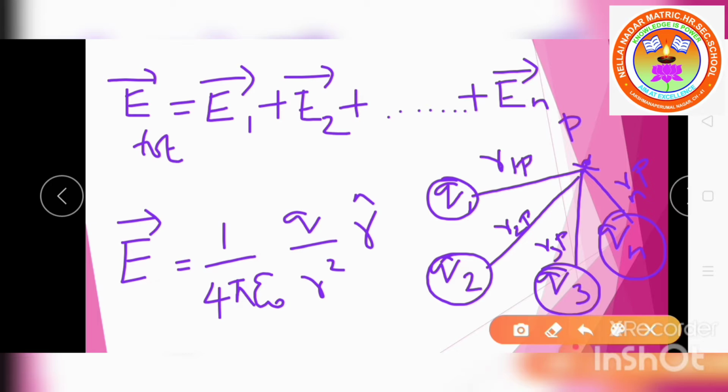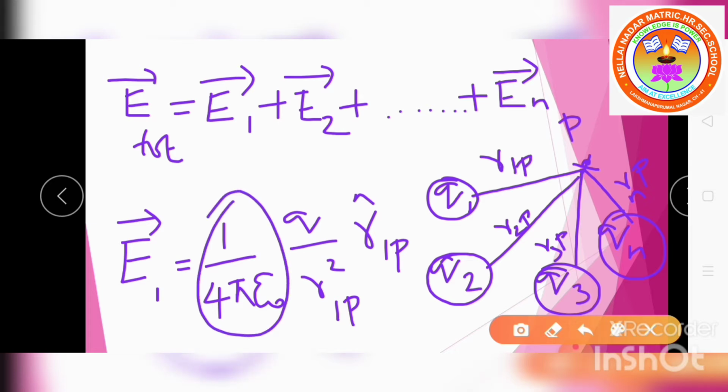For the first charge, E1 vector is equal to 1 by 4 pi epsilon naught Q1 by R1P square, and in the cap also I can write R1P cap. Like that I can calculate for E2, E3, E4, etc., up to the last En. In all these values, 1 by 4 pi epsilon naught is common.